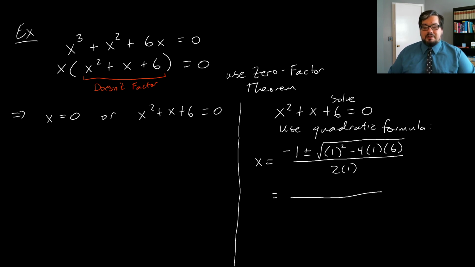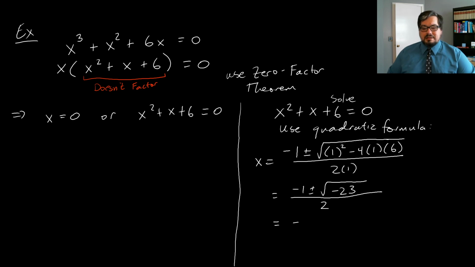And simplifying all this down, we get -1 plus or minus the square root of, now this is going to be 1 squared, which is 1, minus 4 times 1 times 6. 4 times 1 times 6 is 24, and 1 minus 24 is -23. And then the denominator is just 2.